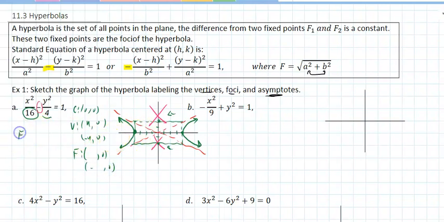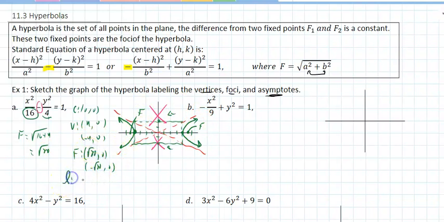And if I take the square root of 16 plus 4, that's radical 20. That's a number bigger than 4, but less than 5. So that is radical 20 or 2 radical 5.